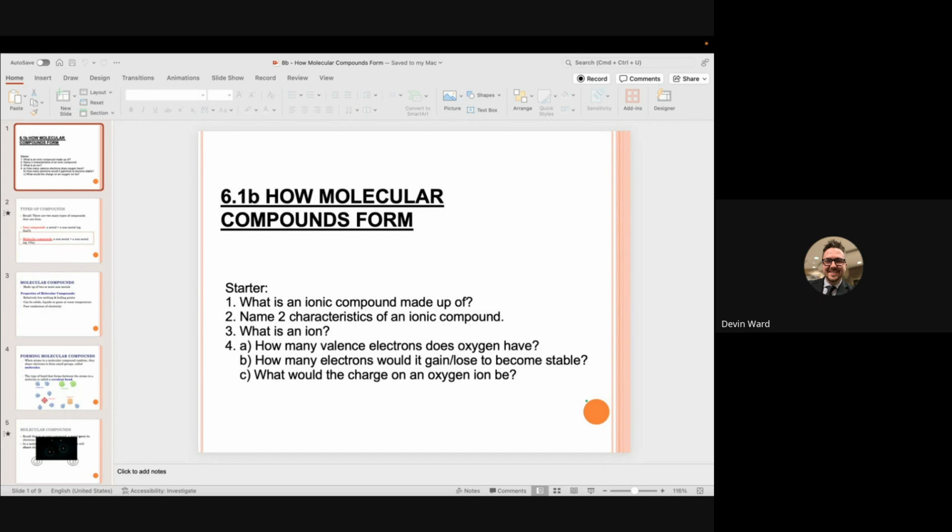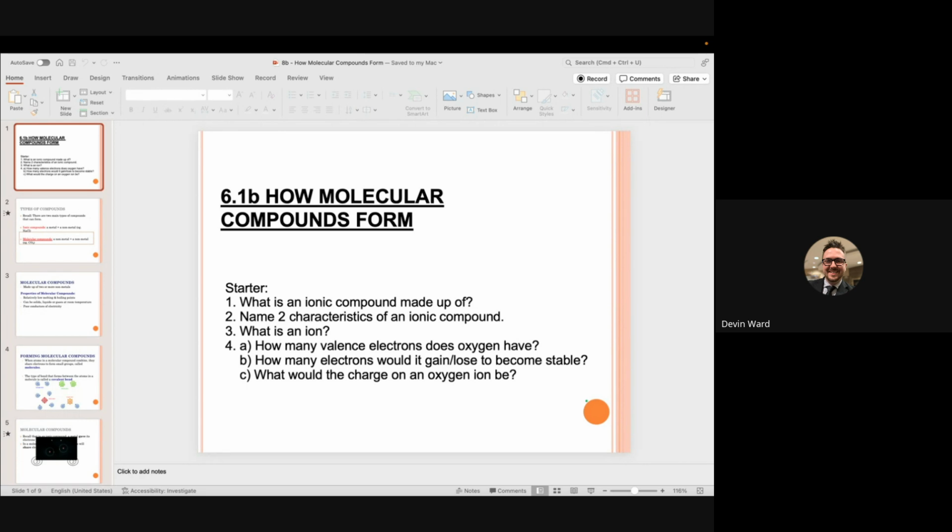So remember, an ionic compound was made up of metal and non-metal.